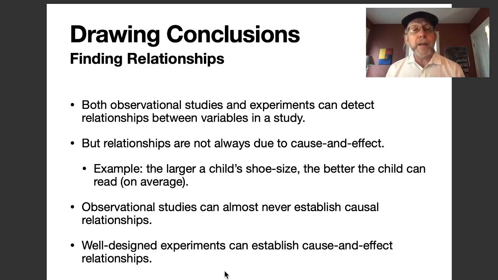Only well-designed experiments can really establish these solidly. The downside, though, is that sometimes well-designed experiments are impossible to carry out, sometimes for practical reasons and sometimes for other reasons like moral or ethical reasons.